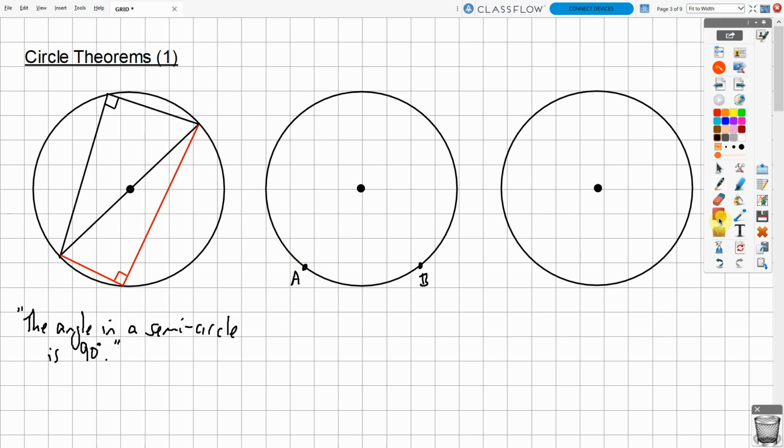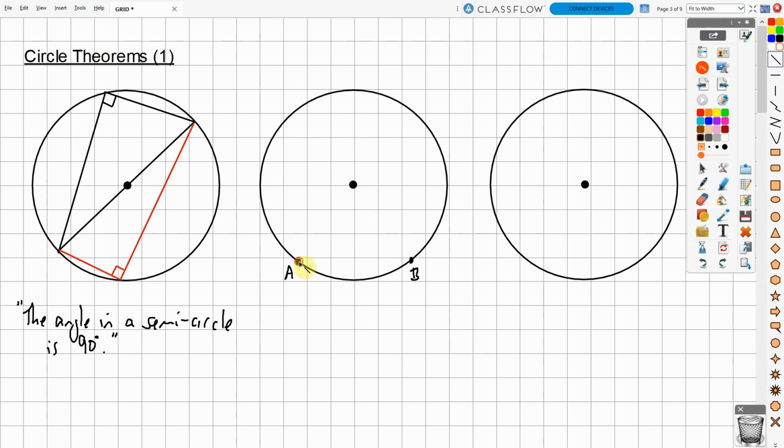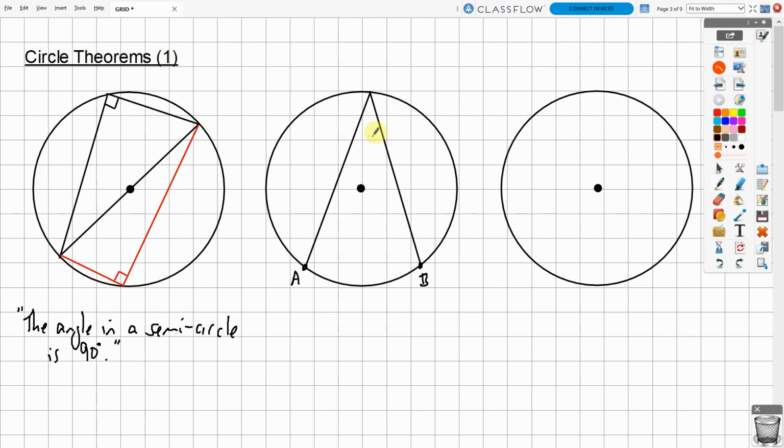And what we're going to do is we're going to draw in a couple of straight lines out to the circumference out there somewhere. And you can see that's produced an angle. Now, the language here is that this angle is subtended by this arc AB, new language.